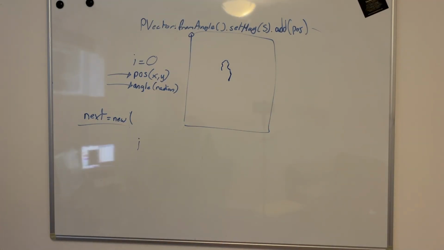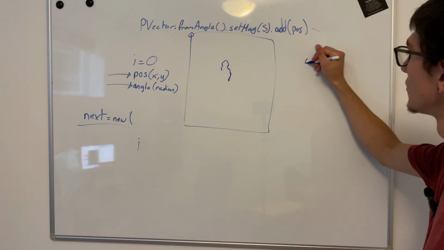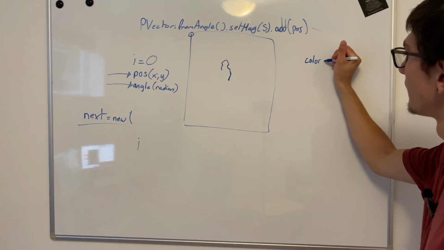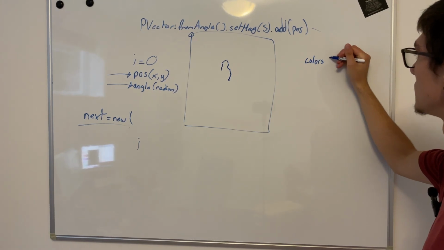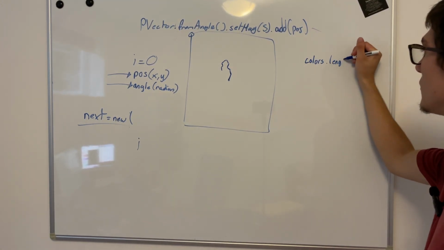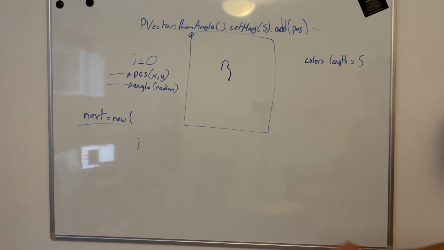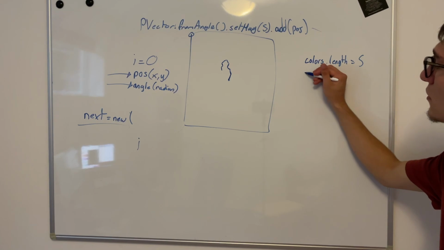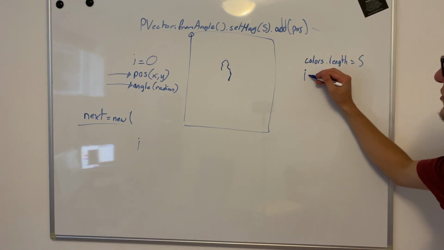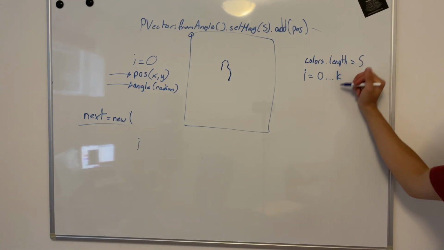Okay, great. So we have colors, which is of length 5, right? And we have I, which goes between 0 and k, right?